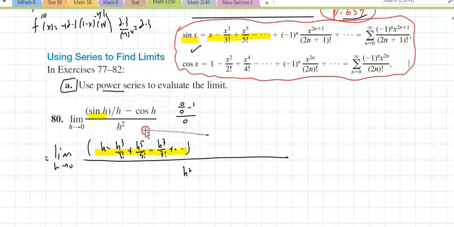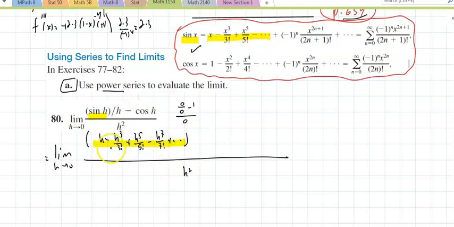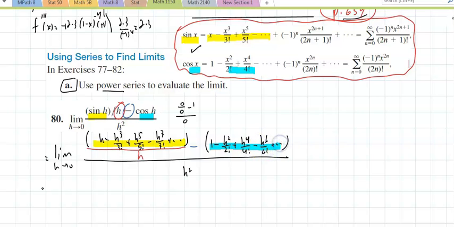And this is all divided by h right there, minus the cosine of h. The cosine of h is right there. That is 1 minus h squared over 2 factorial plus h to the 4 over 4 factorial minus h to the 6 over 6 factorial, and the list goes on.